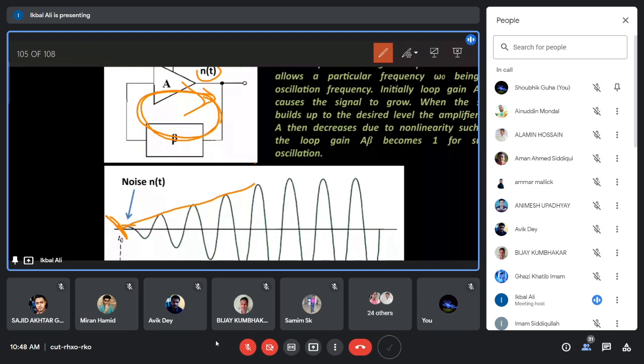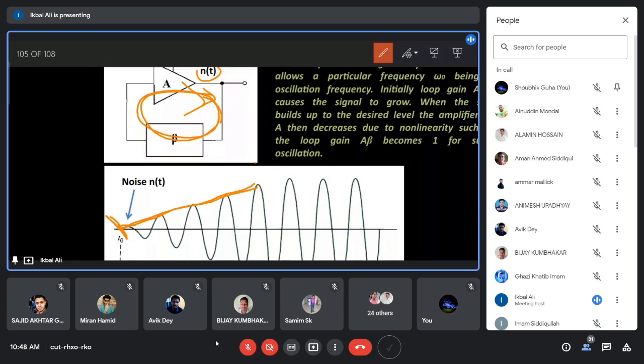As it travels the loop further and further, it grows because A into beta is greater than 1. So each loop, it will grow slightly from the previous value. Next loop, it will grow again. In this way, the signal grows from the noise level to a high value.